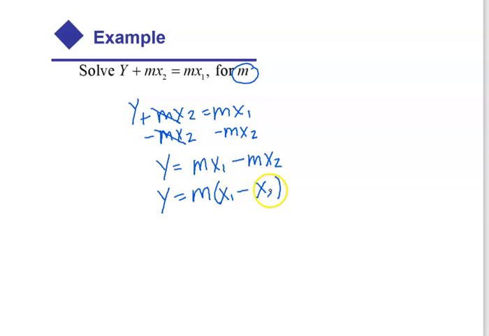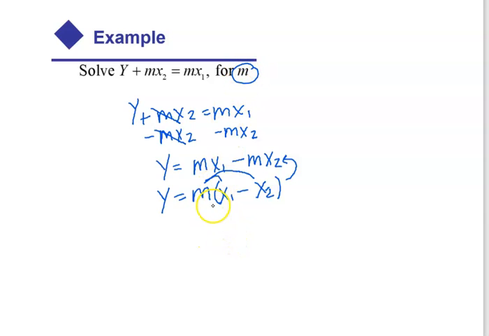Minus x sub 2, if I pull the m out of this term, m times a minus x sub 2 would give me a negative m x sub 2. Because if you use the distributive property and multiply these back out, you should get this. Now I'm getting closer.